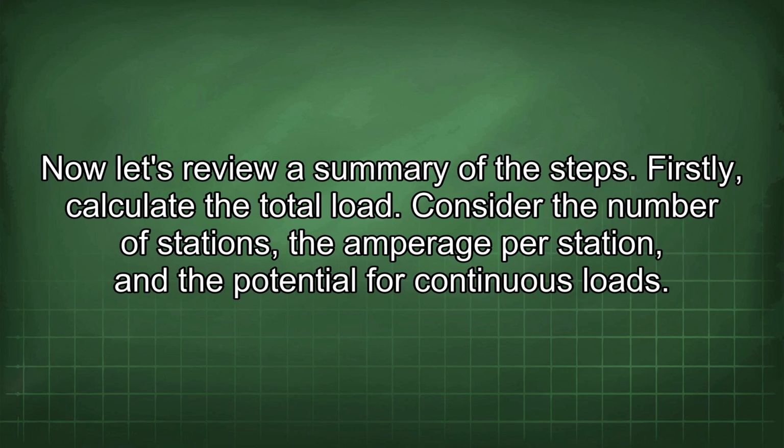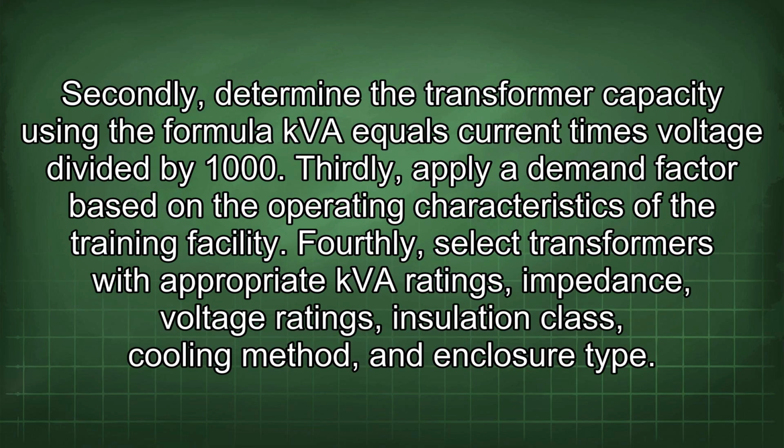Now let's review a summary of the steps. Firstly, calculate the total load. Consider the number of stations, the amperage per station, and the potential for continuous loads. Secondly, determine the transformer capacity using the formula kVA equals current times voltage divided by 1000.